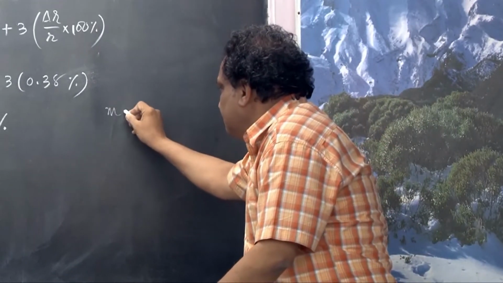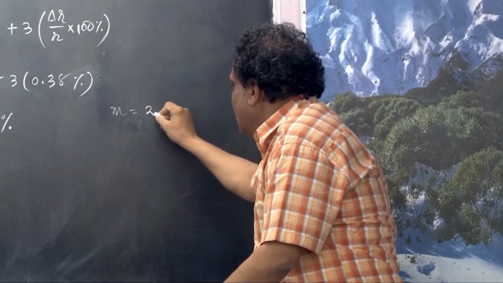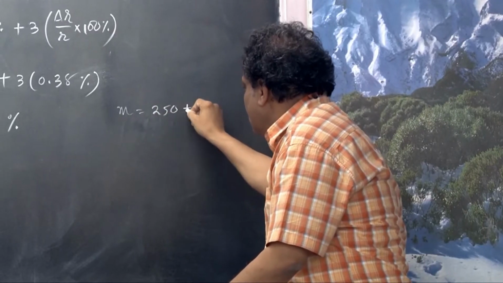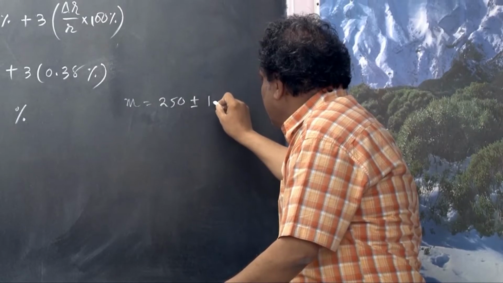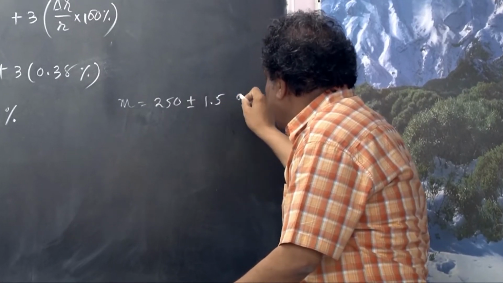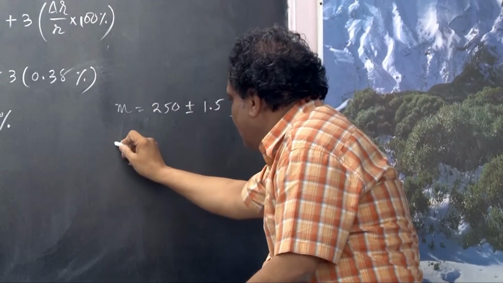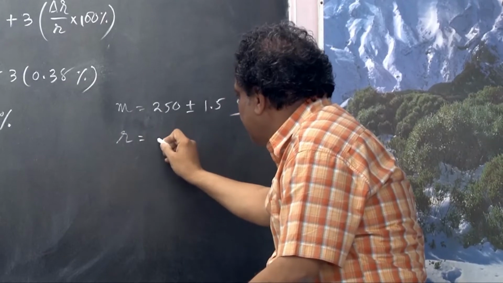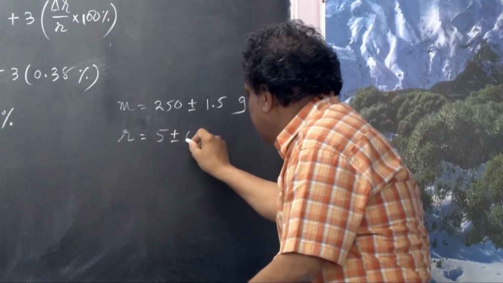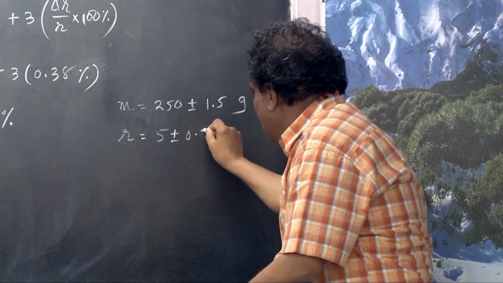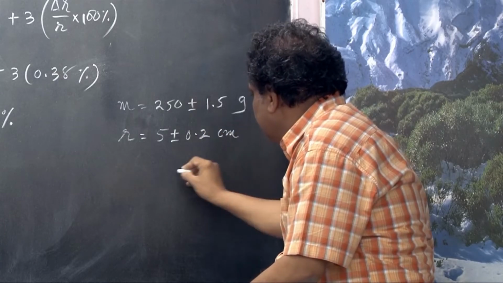For mass you write down 250 plus or minus 1.5 gram. For radius you write down 5 plus or minus 0.2 centimeter.